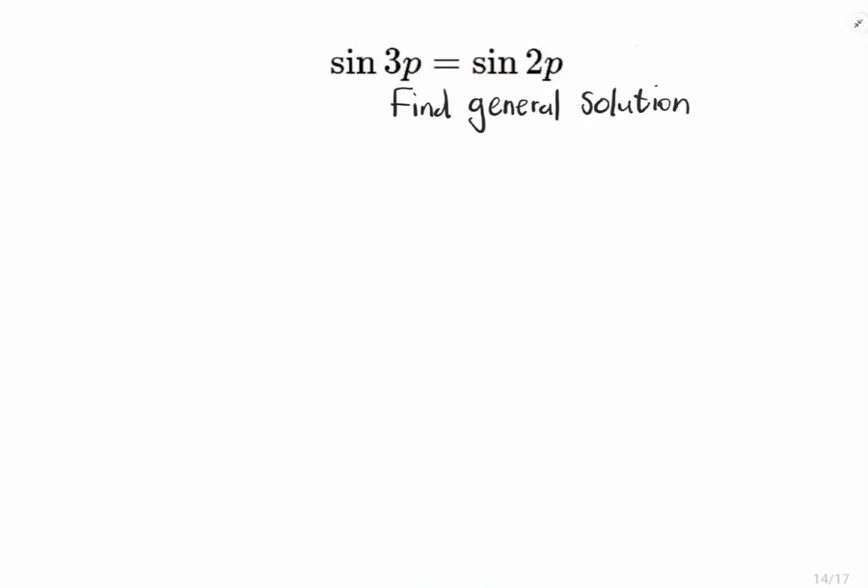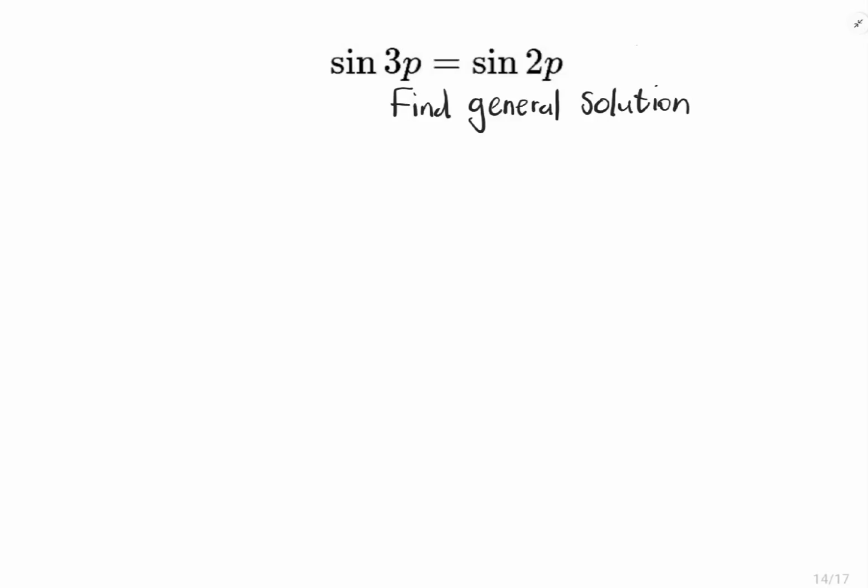Usually with general solutions, we would want only one trig ratio on either the left hand side or the right hand side, and on the other side just a number, such as sine x is equal to 0.5. You would want a single trig ratio and then the number on the other side. Here we have two trig ratios and both of them have variables that we have to solve. So how are we going to work this out?